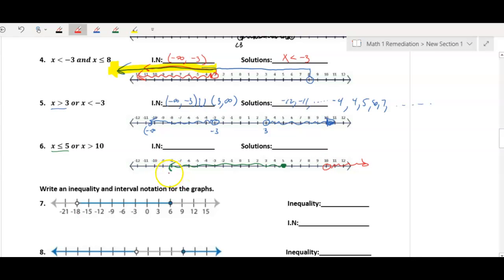So lower bound here would be -infinity, 5, and it would be 10, infinity. So -infinity, 5, but that's going to have a square bracket because we're equal to, unioned with round bracket 10 because we're not equal to, all the way to +infinity.